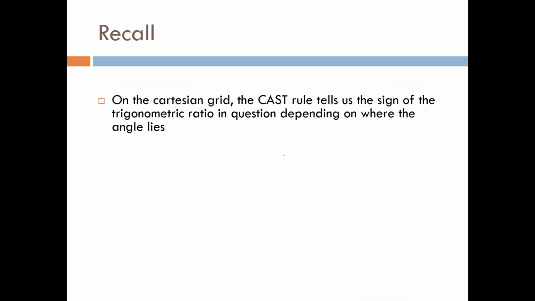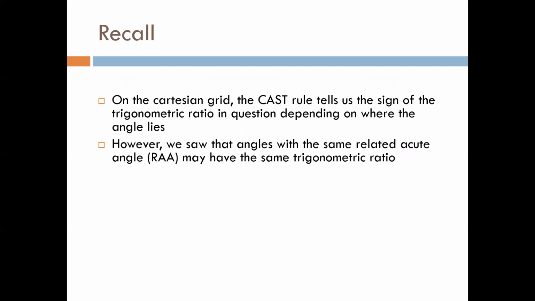So, a quick recall here. On a Cartesian plane, we know that the CAST rule tells us the sign of the trigonometric ratio in question, whichever trig ratio we're looking at, depending on where the angle will lie. It all depends on where the terminal arm will lie. We saw that angles that have the same related acute angle will have the exact same trig ratios.